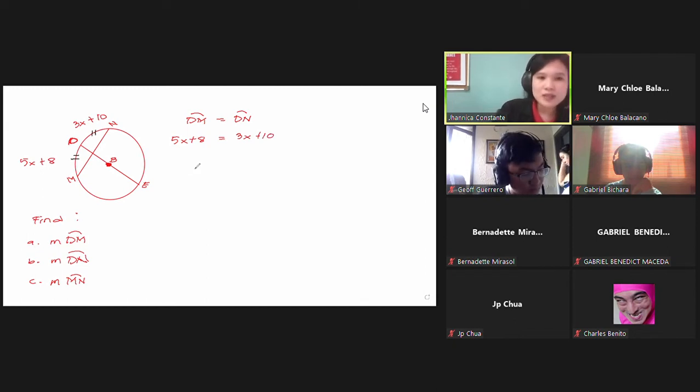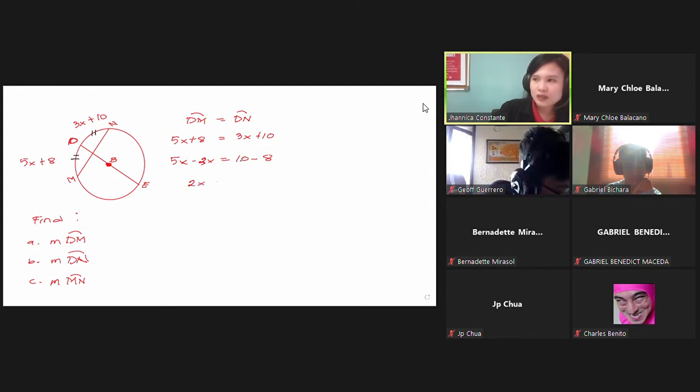Combine similar terms: 5x minus 3x is equal to 10 minus 8. So 5x minus 3x is equal to 2x, and 10 minus 8 is equal to 2. Divide both sides by 2. So the value of x is equal to 1.